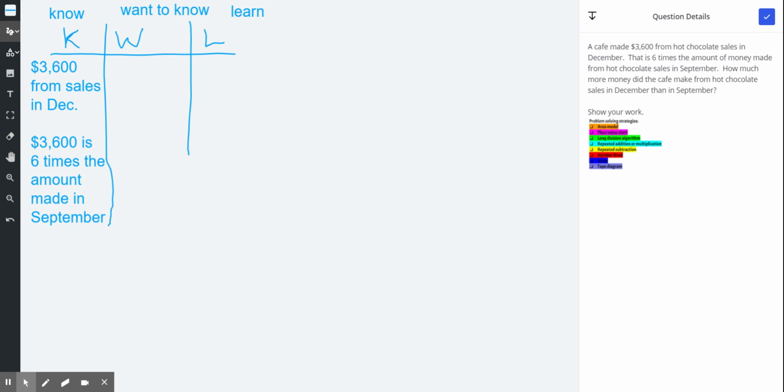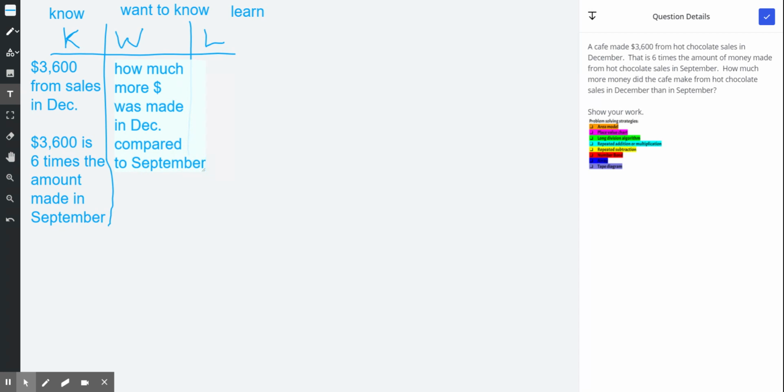Okay. Now what we want to know is, of course, the answer to the problem. So here we can take a minute to highlight what the question is asking us to find. In this case, the question is definitely asking us to figure out how much more money, and they're talking about dollars here, was made in December, which I abbreviated as DEC, compared to September.